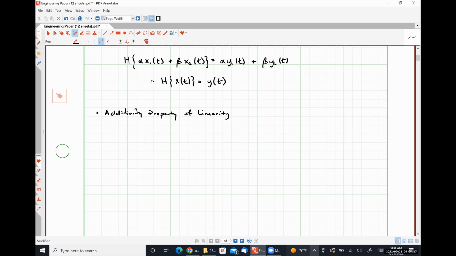So the additivity property of linearity states that if several independent, I'm going to put a line under this because it's very important that we're dealing with independent sources here.